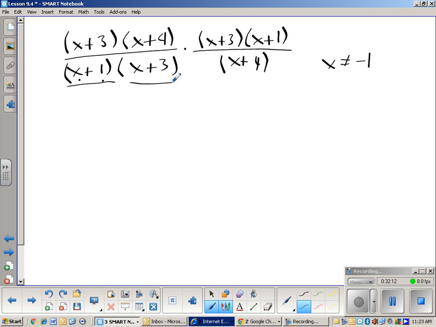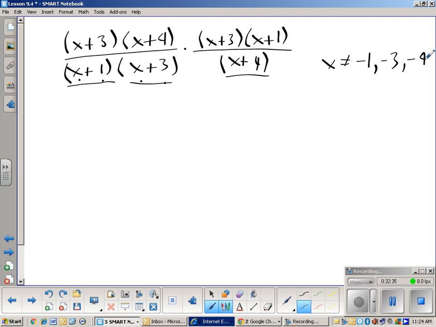Negative 1, because negative 1 plus 1 is 0. X cannot equal negative 3, because negative 3 plus 3 is 0. And x cannot equal negative 4. So there's our restrictions. So the answer to number 1 should have those restrictions. Let's finish the problem.